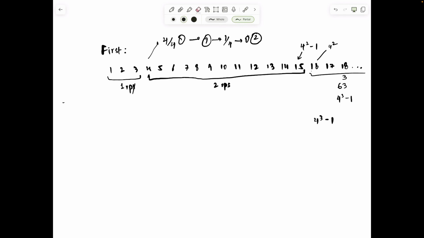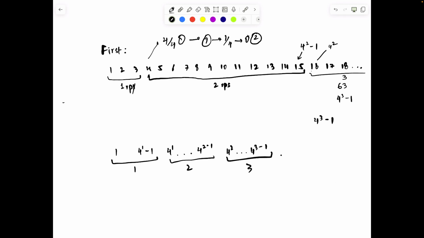So you see the pattern here. 1 to 4 power 1 minus 1 will require one operation. 4 power 1 to 4 power 2 minus 1 will require two operations, and 4 power 2 to 4 power 3 minus 1 will require three, and so on.